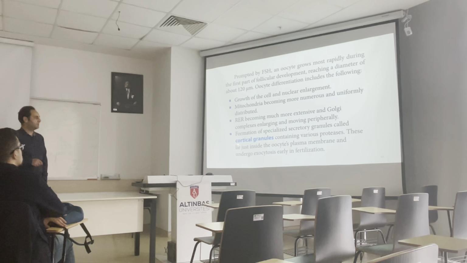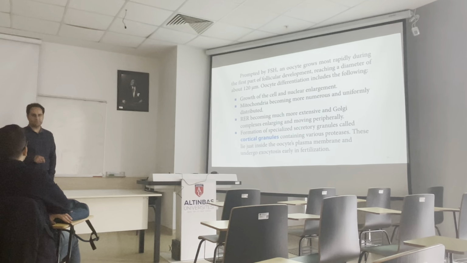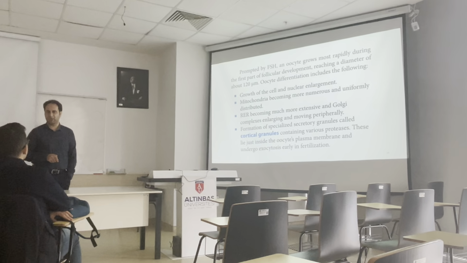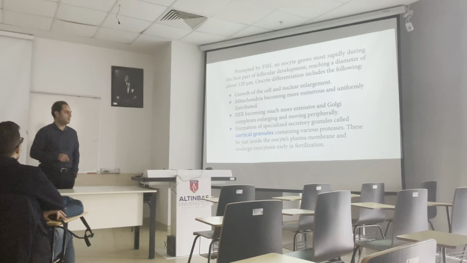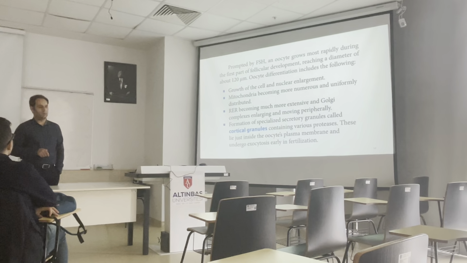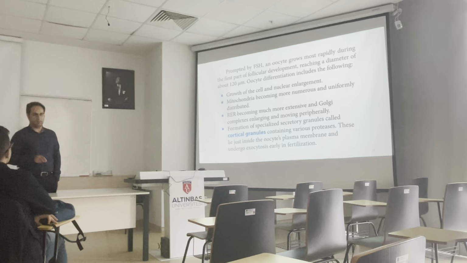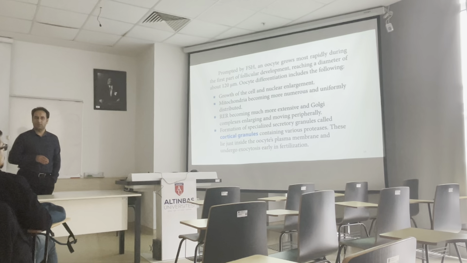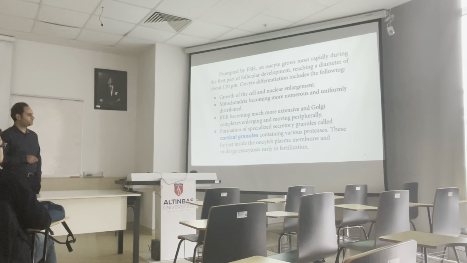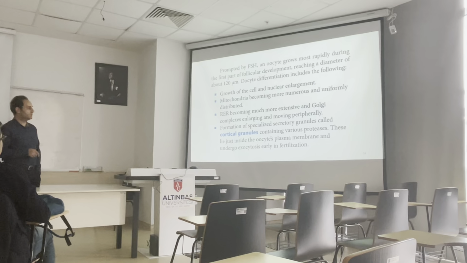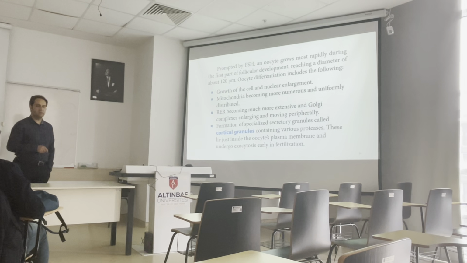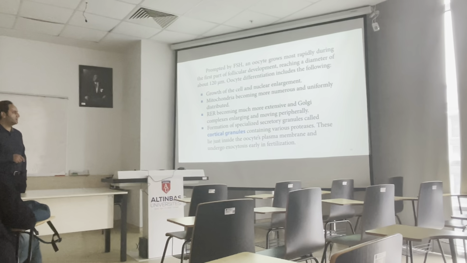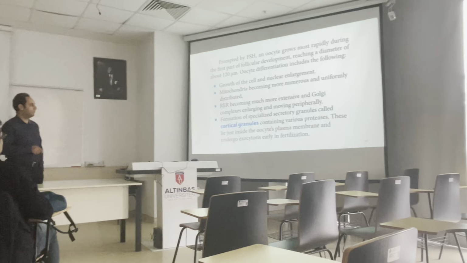These granules are known as the cortical granules, a type of secretory granules, and as you know, the cortical granules have an important role in blocking the entry, or preventing the entering, of more than one sperm into the oocyte with the cortical reaction, and they also have a role in the zonal reaction to again prevent more than one sperm from entering the oocyte.